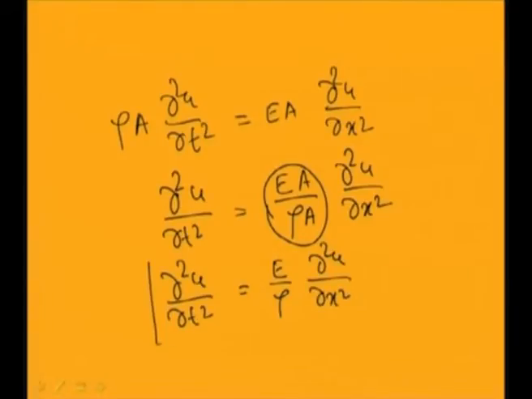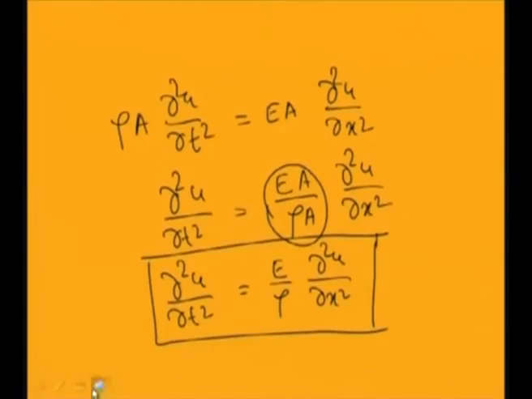This is the equation of the longitudinal vibration of a rod. I can also write this equation by substituting E by rho as c square, so c square equals E by rho. The equation becomes del square u by del t square equal to c square into del square u by del x square.